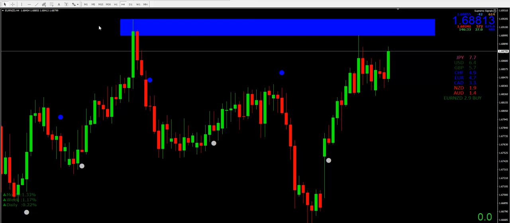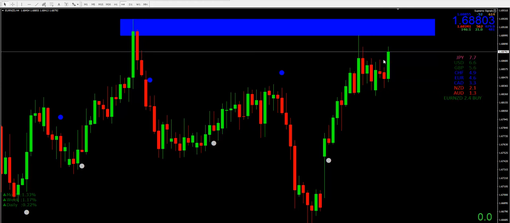Now, this is the Euro New Zealand dollar, or Euro Kiwi as it is otherwise known, and it's the 4-hour time frame, as you can see there. This is the resistance zone or area I have drawn out, and I'm looking to sell this particular pair, as it were.